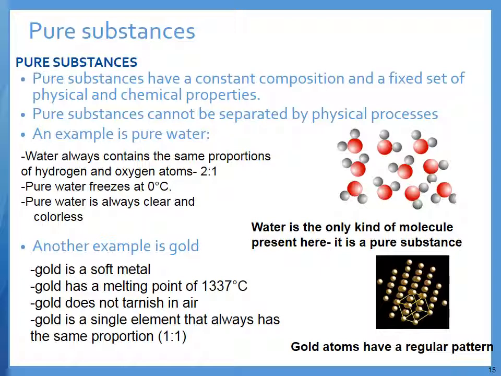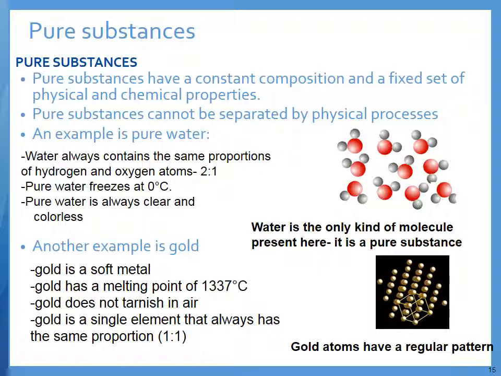Another example is gold. Gold is a pure substance. Gold is a soft metal, so that's some of the physical properties. It has a melting point of 1337 degrees Celsius. A chemical property is that it will not tarnish. And gold is an element, and so it always has the same proportion.